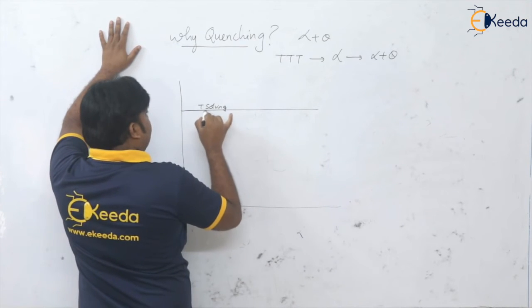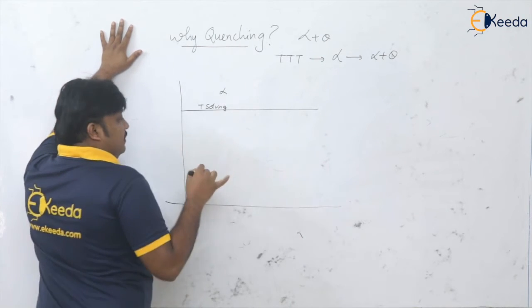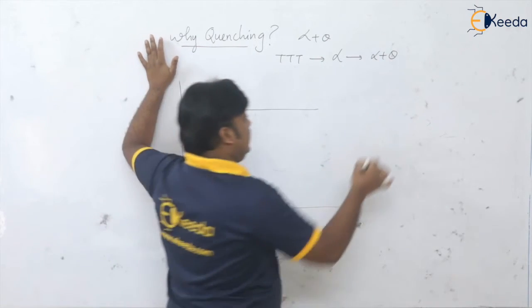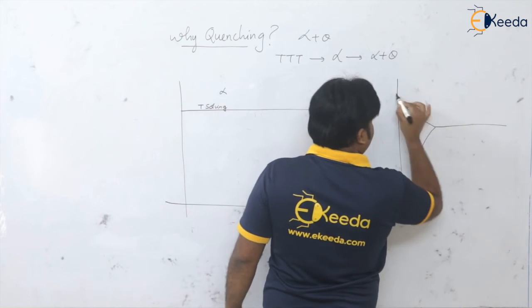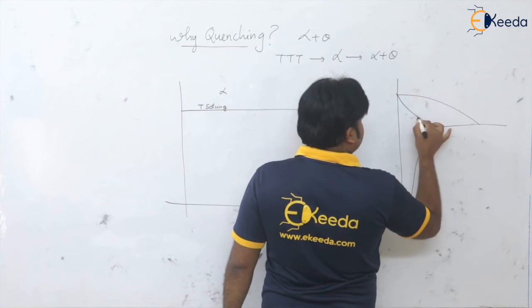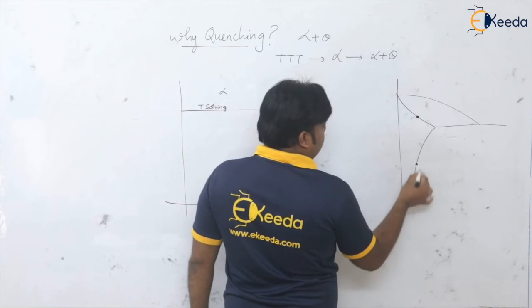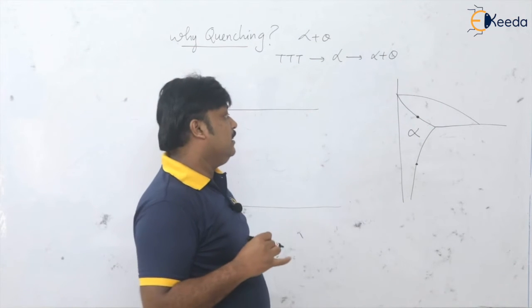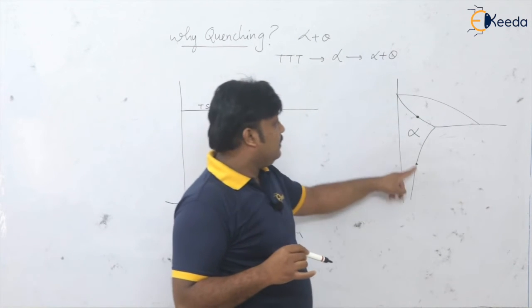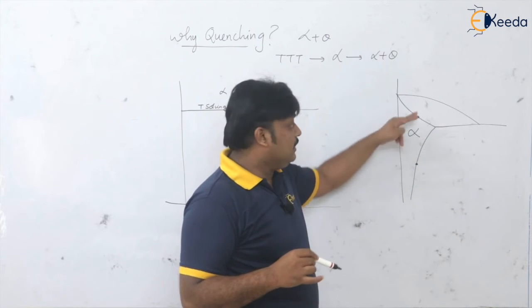So everything above it is alpha. This is the solidus line and this is the solvus line. So here is our supersaturated alpha, and we are taking this range only to understand why.